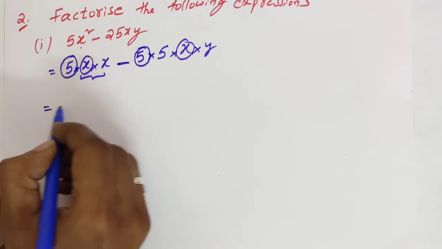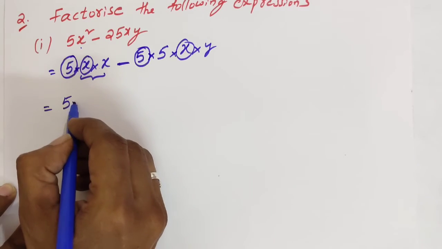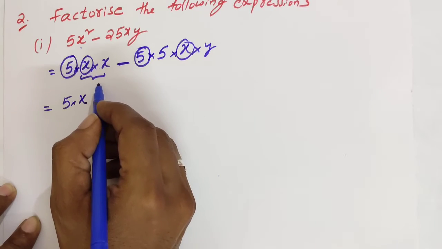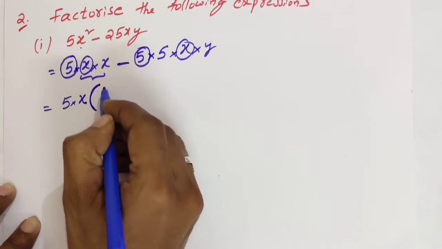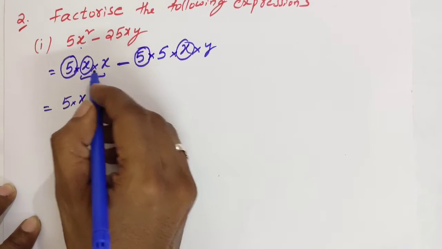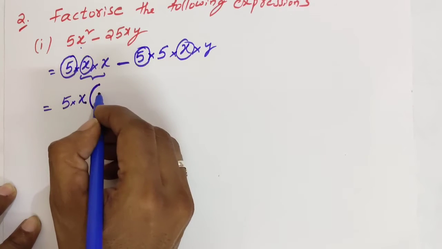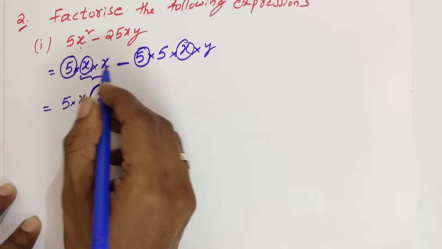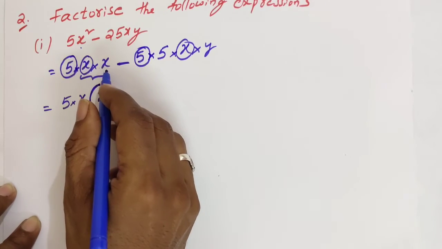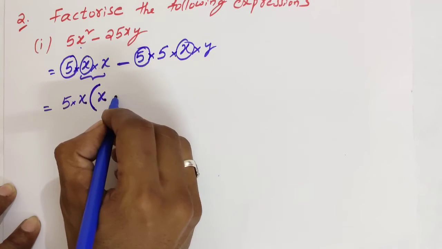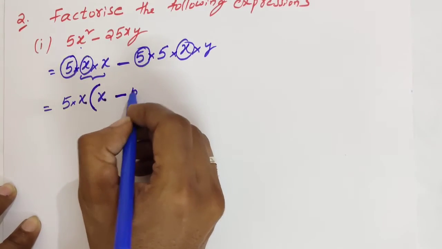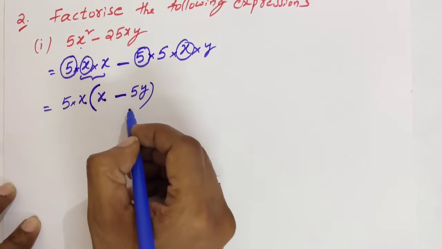So write 5x separately, then start with the beginning bracket, then here you can write x, the remaining leftover term, that is x in the first place, and next you have to write minus as it is and write the remaining term, that is 5y.